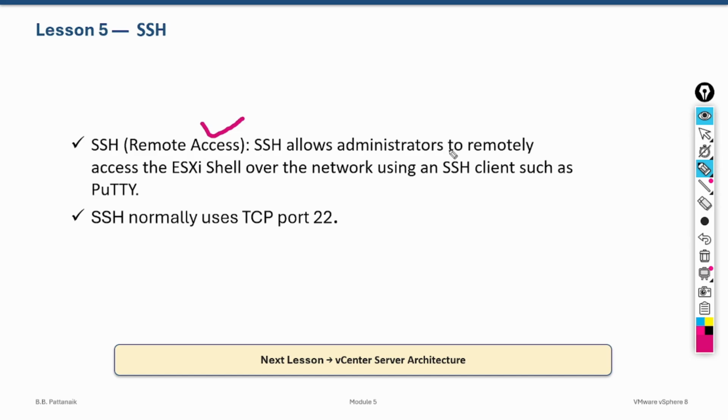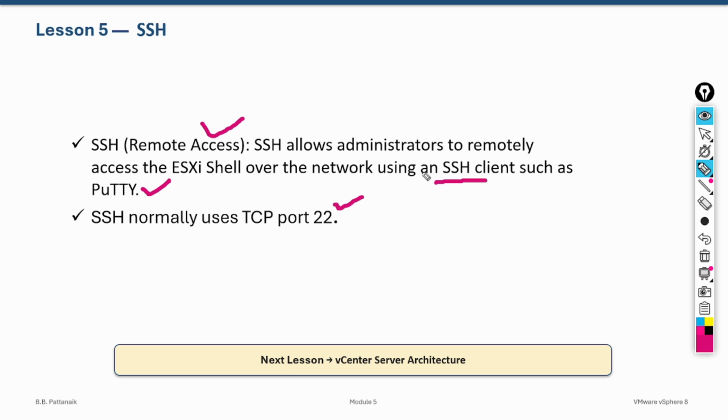It allows an administrator to remotely access the host over the network using an SSH client such as PuTTY, and SSH normally uses TCP port number 22. PuTTY is an SSH client.